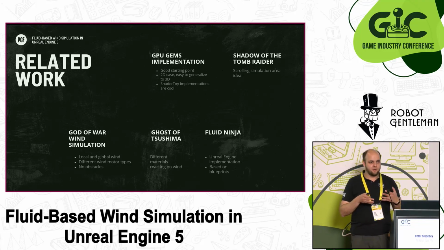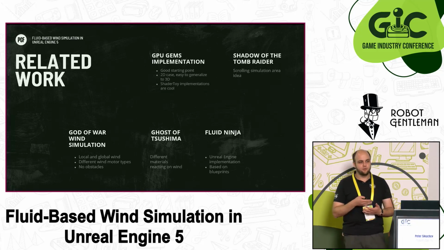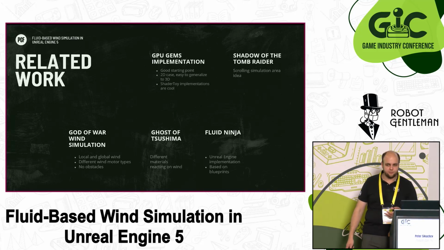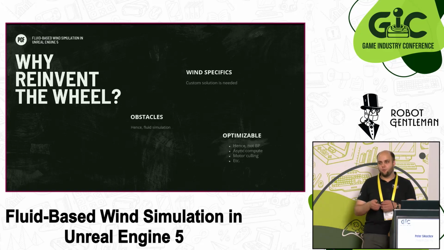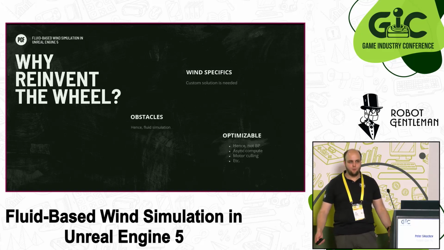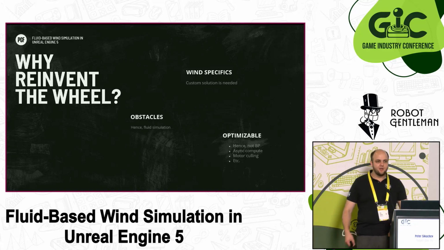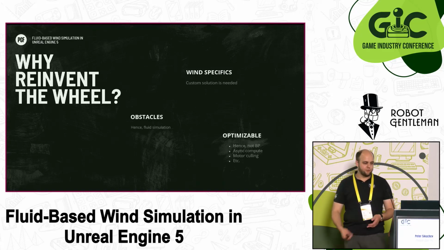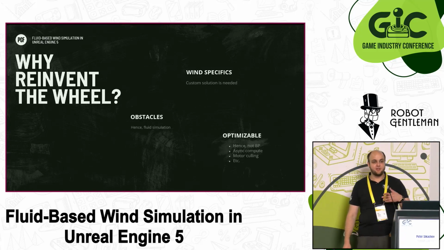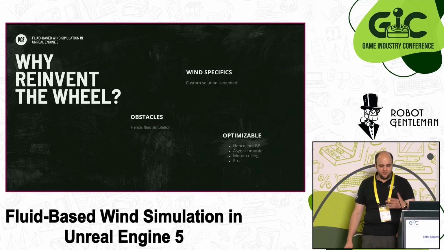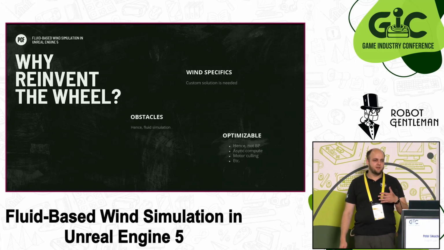But there were some very interesting insights on clothing simulation, particularly how to not let different clothing layers intersect each other. So with all this related work, why am I talking here and what can we offer more? First, as I've mentioned, the existing wind simulations didn't really handle obstacles in a consistent way.